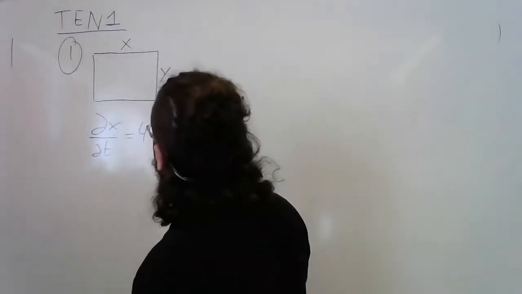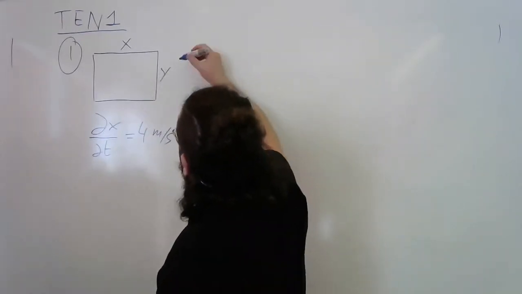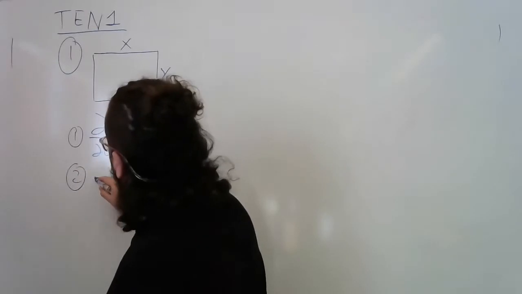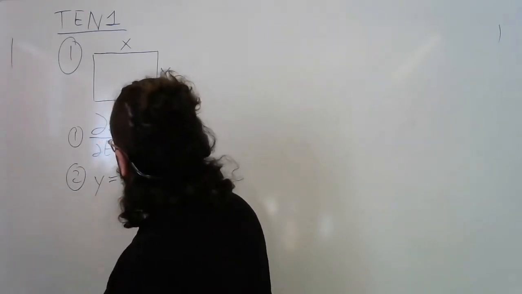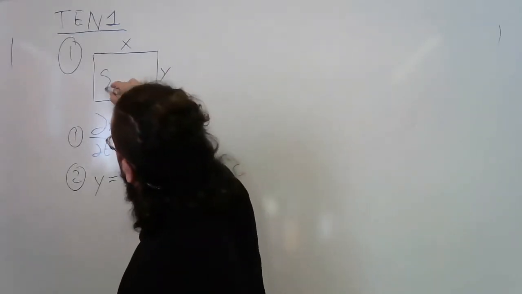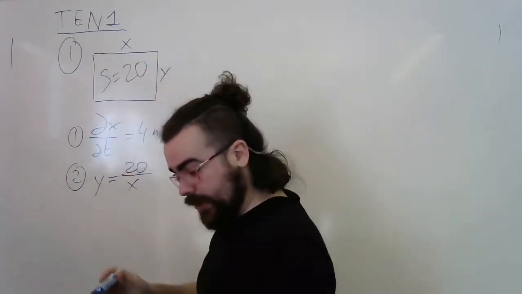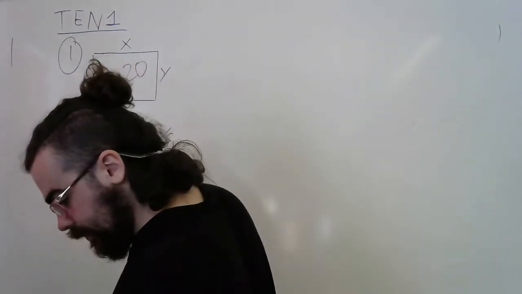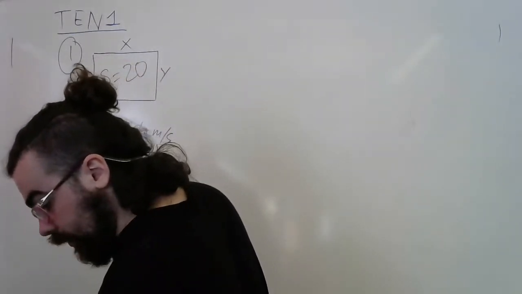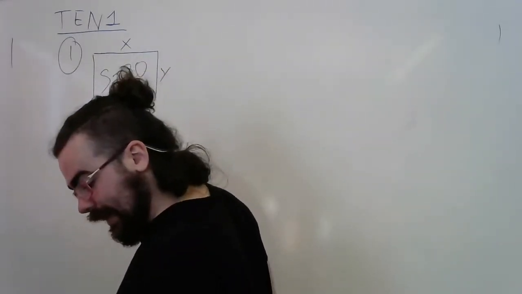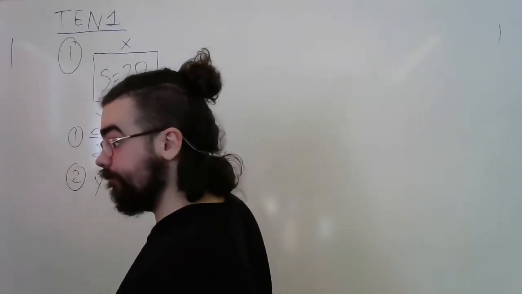Second, the area is constant. From the area is constant, we have y is 20 over x, because the area is 20. And we want to find how fast the height decreases.